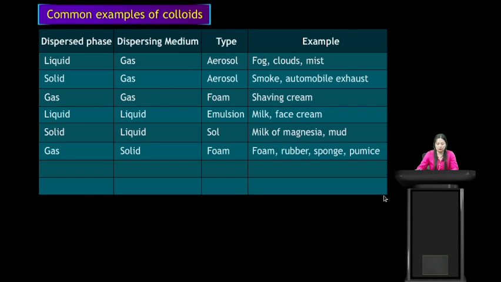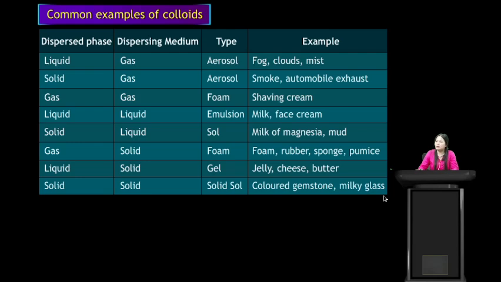This type of colloid is called foam. Some examples include foam rubber, sponge, and pumice. The next is if the dispersed phase is liquid and the dispersing medium is solid. This type of colloid is called gel, and some examples include jelly, cheese, and butter.